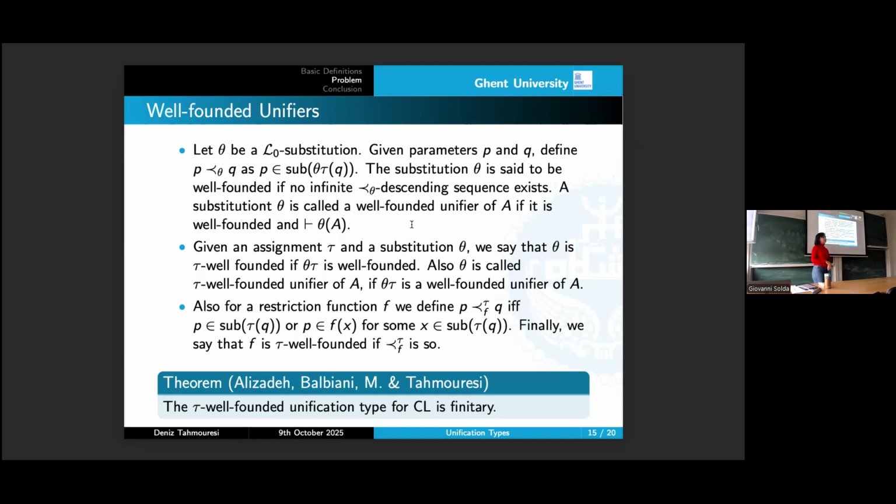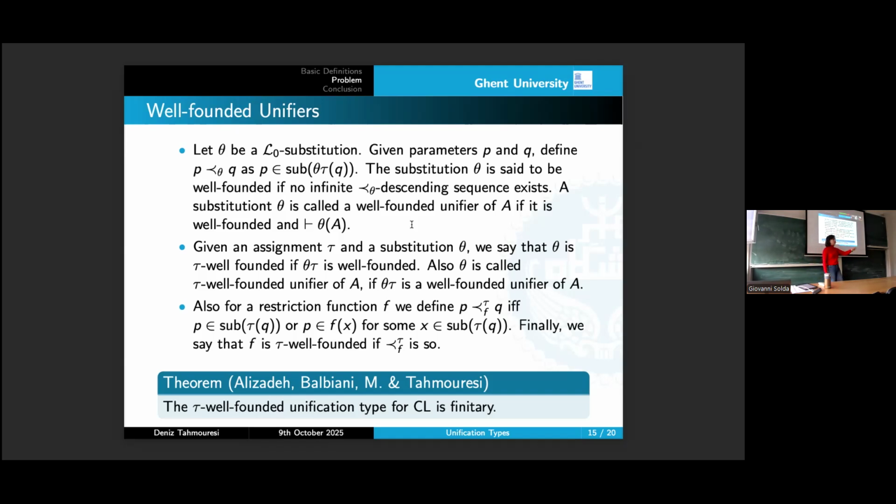So what is tau? Tau is an assignment. I should have said that before, but yes, tau is an assignment, and an assignment means that it can change the parameters. It works on parameters. That's why Q is a parameter.